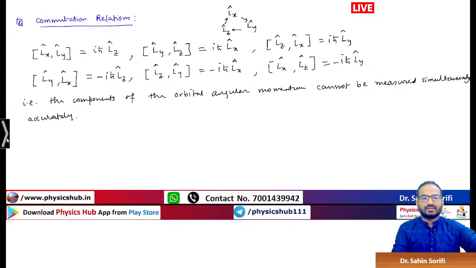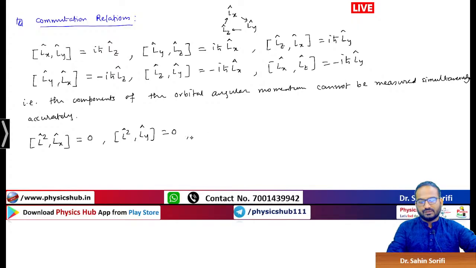Now if I take the commutation between L square and the components, like L square and Lx, it will give you 0. L square and Ly, this will also give you 0. L square and Lz, this also gives you 0. What does it mean?